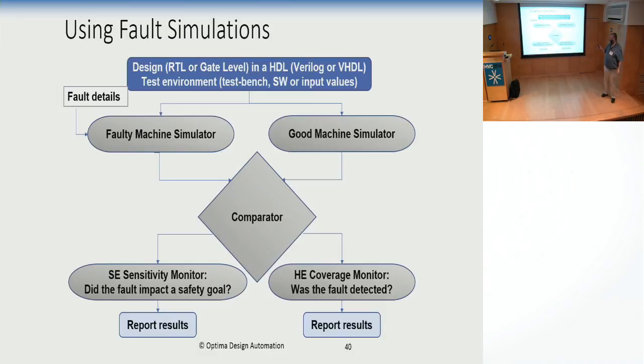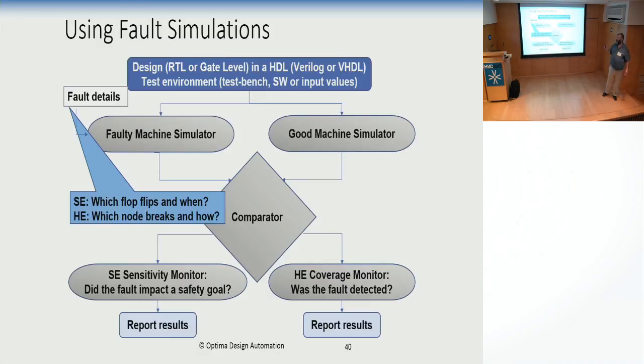Fault simulation means simulating the good machine versus the faulty machine, given some fault details, and comparing them. For soft errors, you want to know: did the fault impact the safety goal? For hard errors: was the fault detected? Essentially, it's the same idea. You simulate a good machine, you simulate a bad machine, you compare the outputs, and you decide if this means good or bad.